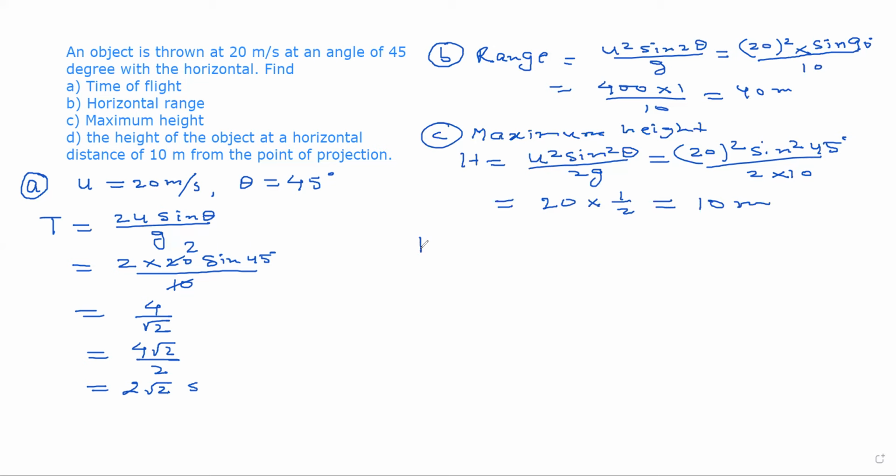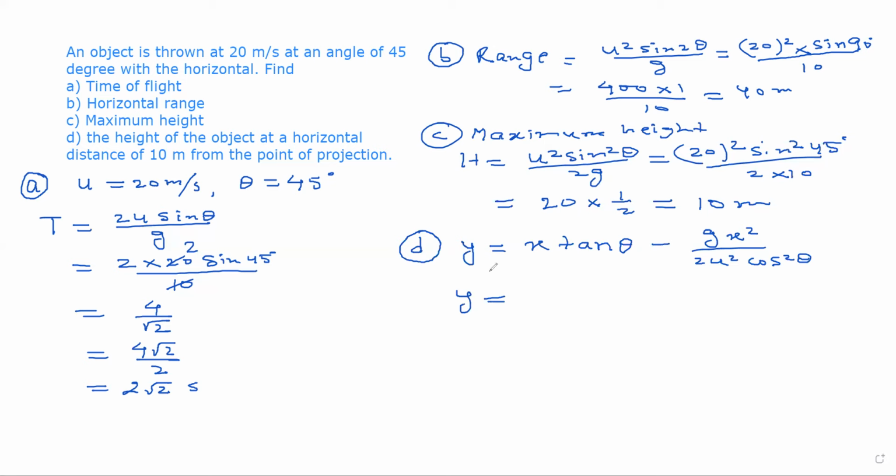Now to find out the height at a distance X, we have the formula Y is equal to X tan theta, this is the equation of path of the projectile, X tan theta minus G X square by 2 U square cos square theta. So we have Y is equal to X tan theta. X is how much?